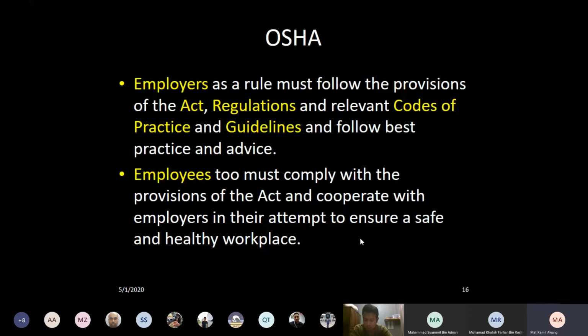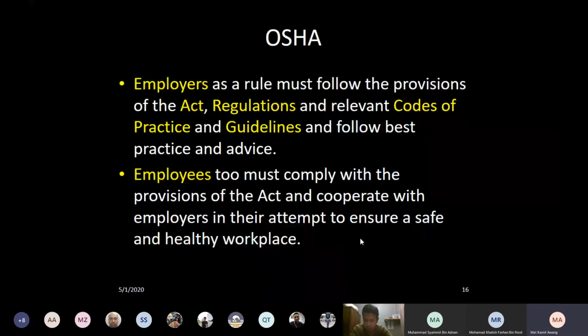Employers, as a rule, must follow the provisions of the act, regulations and relevant codes of practice and guidelines, and follow best practice and advice. So the employers must implement all the regulations required by the code of practice and guidelines provided under this act or by the body which governs occupational safety and health.